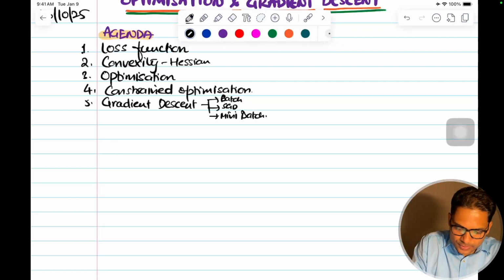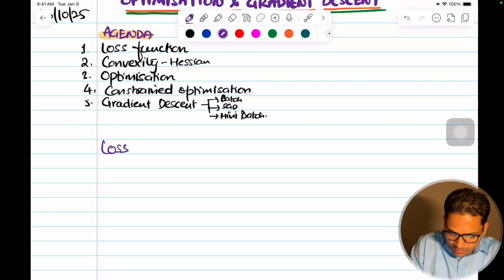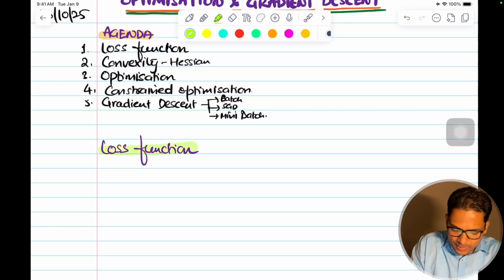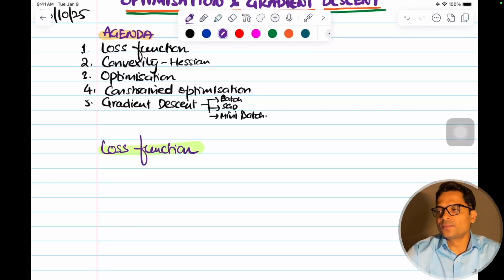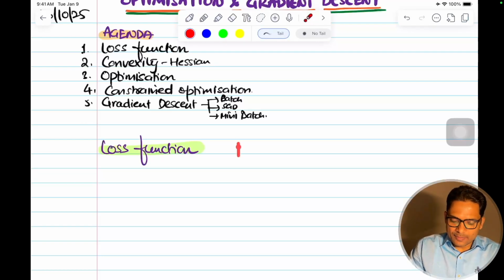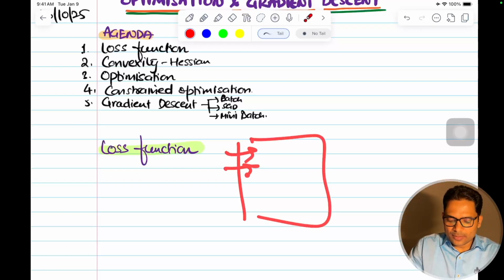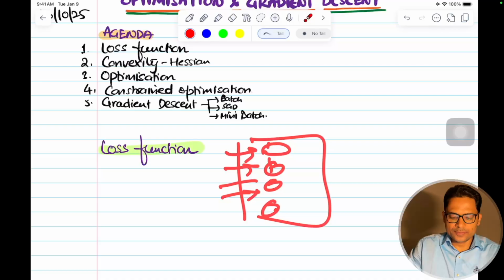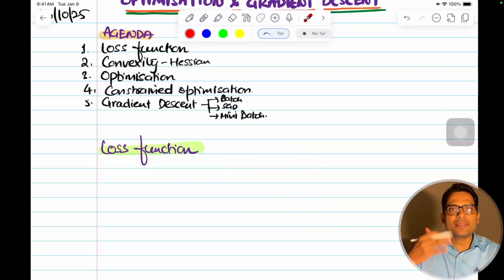Now let me write it down. So this is for loss function. An ML model will make mistakes, and this is a way to quantify the mistake or the error for a single data point. When we train ML models, we give them lot of data so that they can learn something, and each data is different.